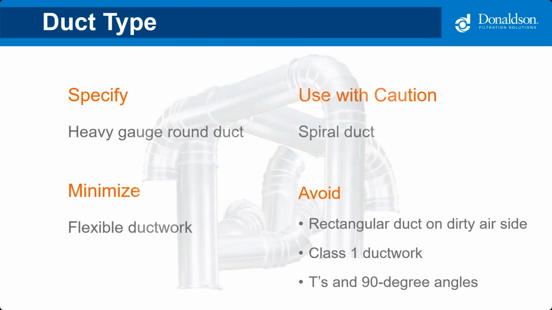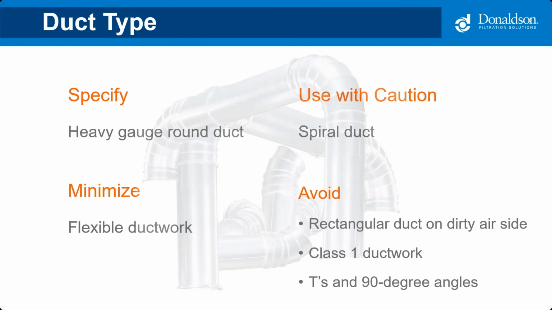SMACNA standards. Another type of ductwork is spiral duct. So spiral duct tends to leak air and could impact your design airflow by roughly 10%. And if it's used outside, could also provide a prime source for water to enter the ductwork and get into the dust collection system, which in cartridge collection is something we really want to avoid.